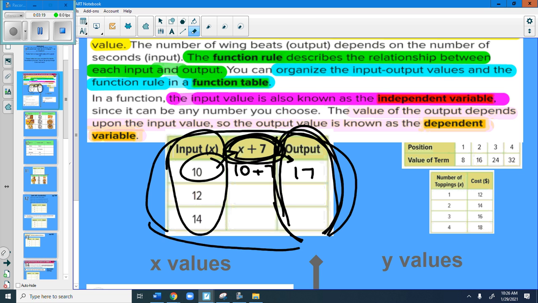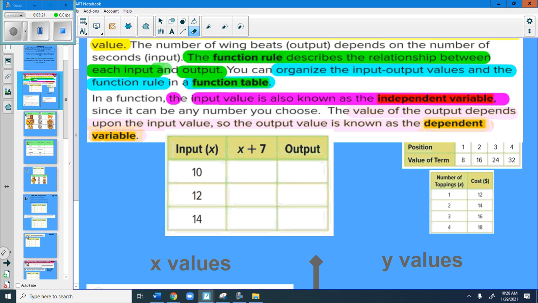Let's go over here to the right. I just want you to acknowledge, look at here. This is also a function table. It's just a horizontal function table. This is also a function table. What's the difference between this vertical function table and this vertical function table? I know it's kind of small over there. What do you see?